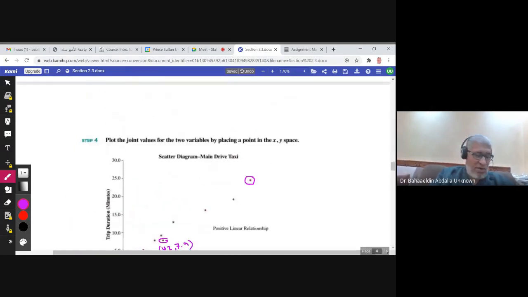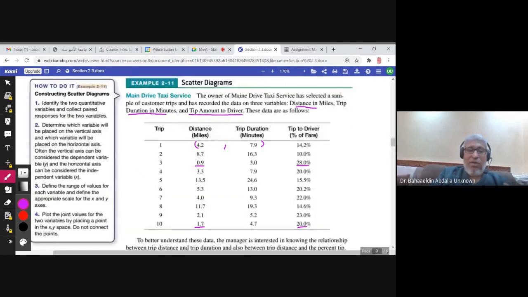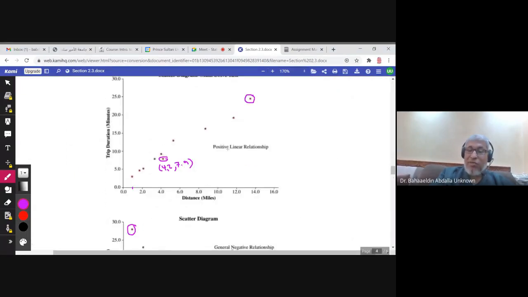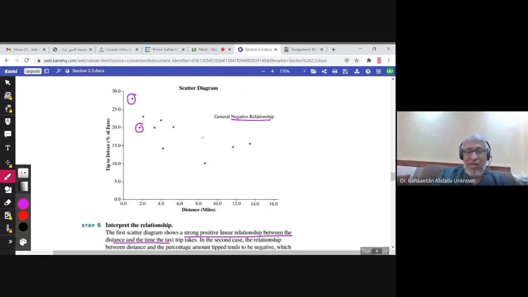You can use your calculator to find R easily. You can go to mode 3, stat, and number 2, a plus bx, and you put the values of X and Y, the distance and the duration. Please do that at home. You will find that R for the first scatter diagram is much closer to 1 than this R. I think this R could be 0.7 or 0.6.